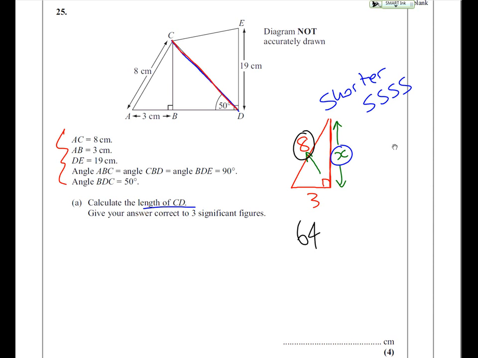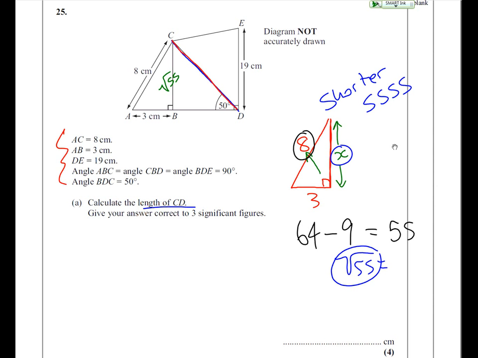You square 3, 9. You take the smaller one from the bigger one, and you get 55. Then you square root. Square root of 55. It's not going to cancel too nicely. We'll leave it as square root 55 for now to keep it exact. So let's put some surds in the mix. Square root 55.